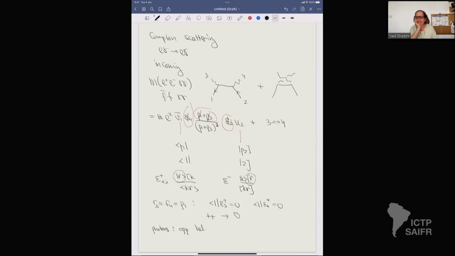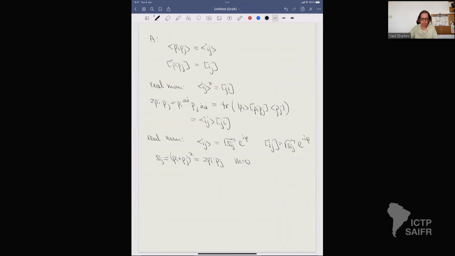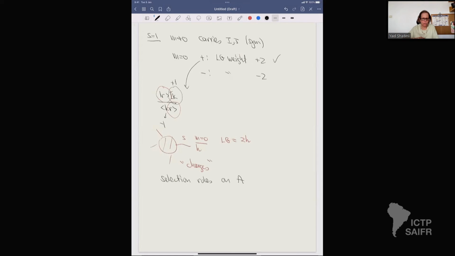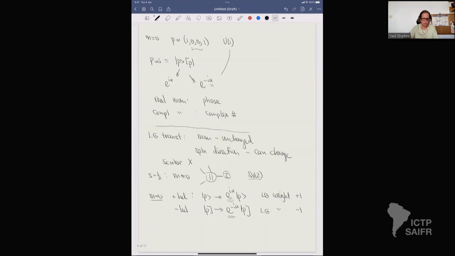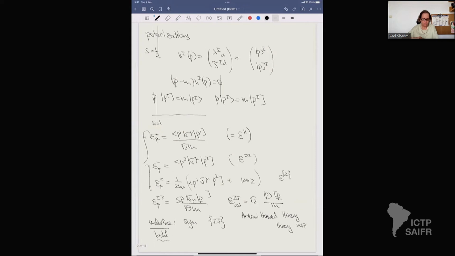Maybe the Spanish accent helps. I don't know. So I think the question is, in the epsilon minus case, he doesn't seem to understand how the phases drop out. Is that the question? For the reference frame, right? He doesn't seem to understand how the phases drop out in the epsilon minus case. In the epsilon plus case, yes. So the question is about the negative polarization? Yes, and so he doesn't seem to understand how the phases drop out in the epsilon minus case. In the massless case?